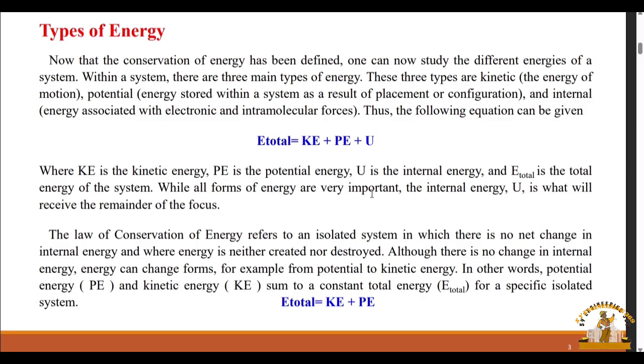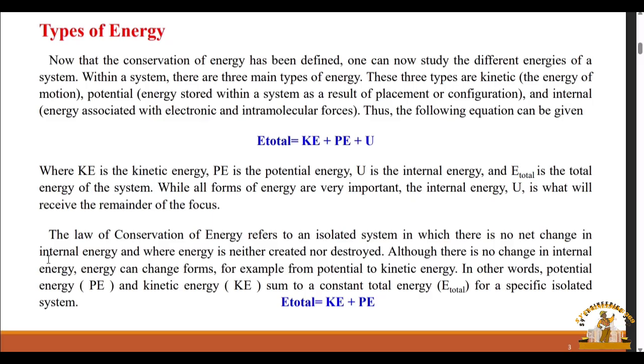While all forms of energy are very important, the internal energy U is what will receive the remainder of the focus. The law of conservation of energy refers to an isolated system, in which there is no net change in internal energy, and where energy is neither created nor destroyed.